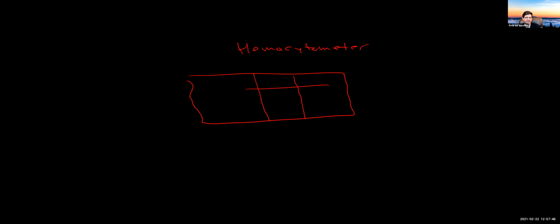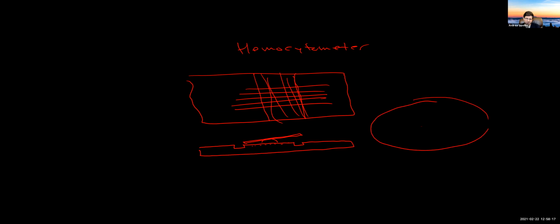There's this device called a hemocytometer. Hemo for blood, cytometer for measuring cells. I used this in lab every day. This was like my hammer in the microscope lab. A hemocytometer is made of glass, and it has this grid etched in it, like this.